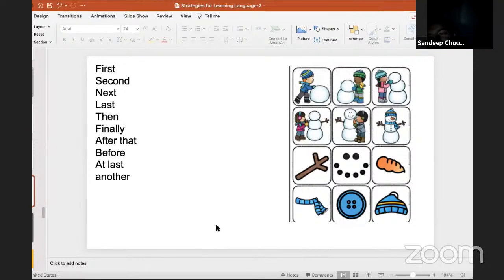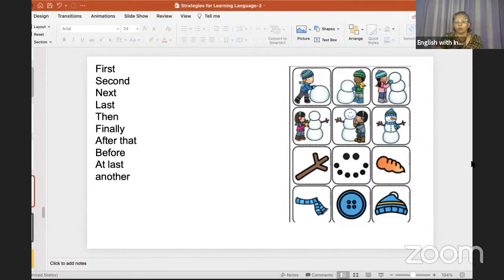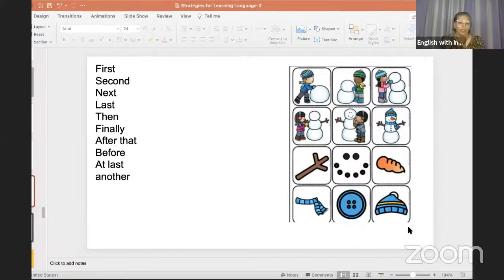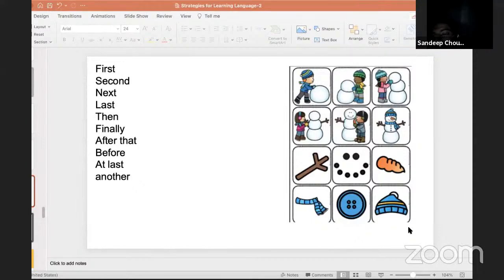Now, if you see this picture, someone is making what? Snowman, right? I know you are not in an area where you get snow, but you can imagine. So what do you think is the first step when someone will make a snowman?